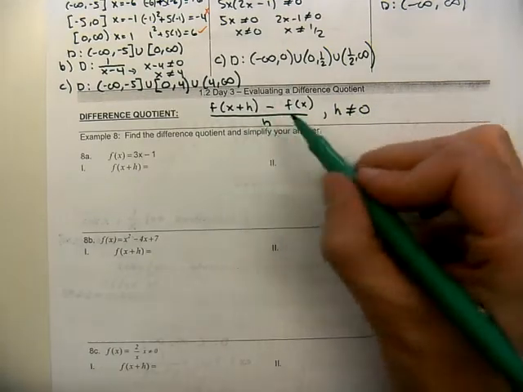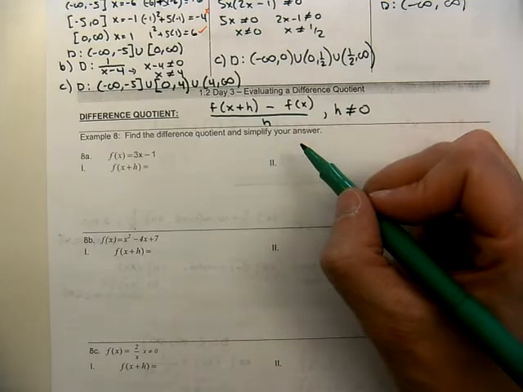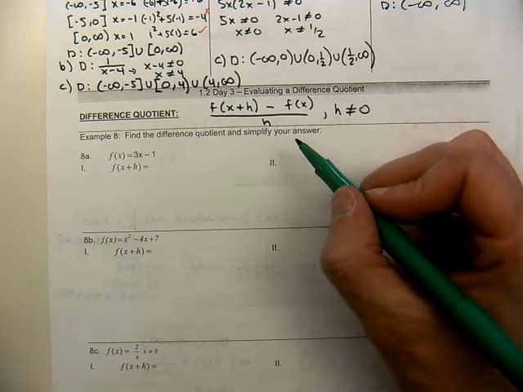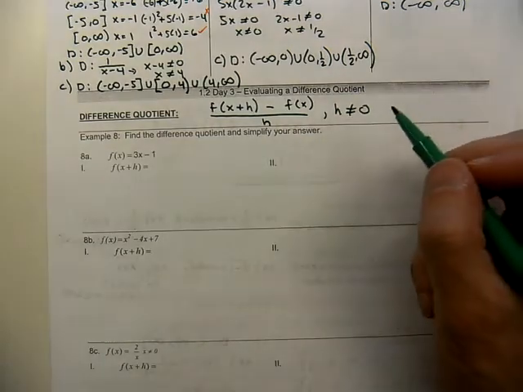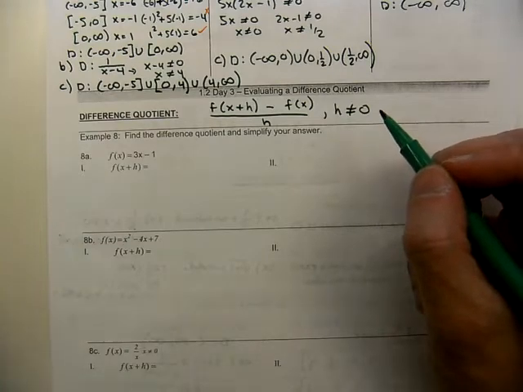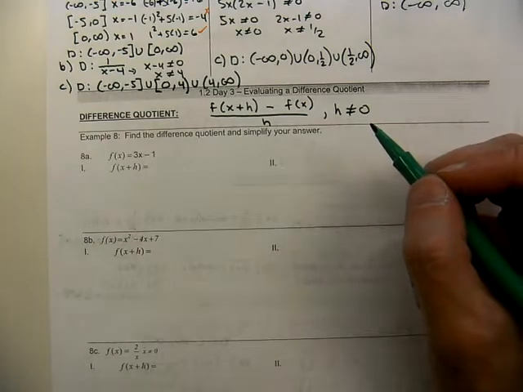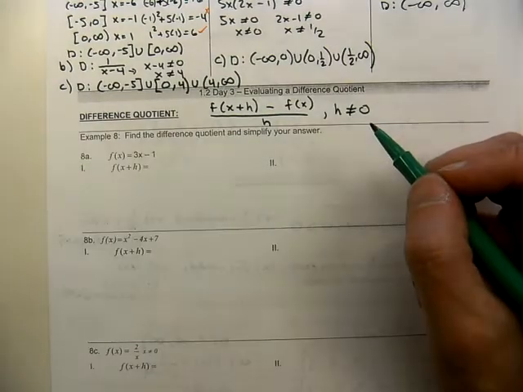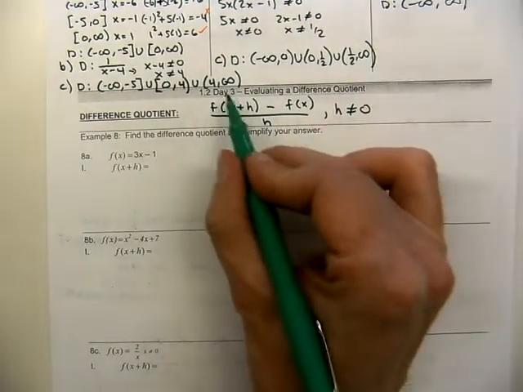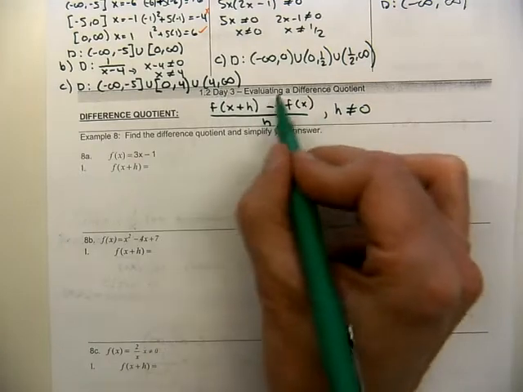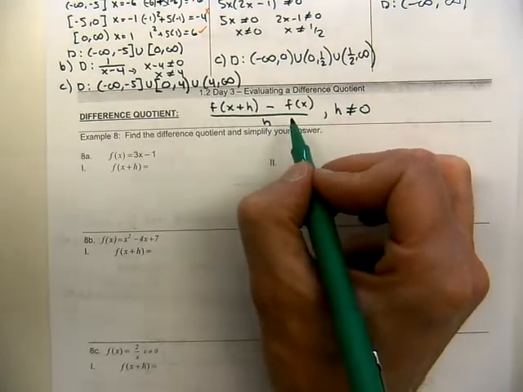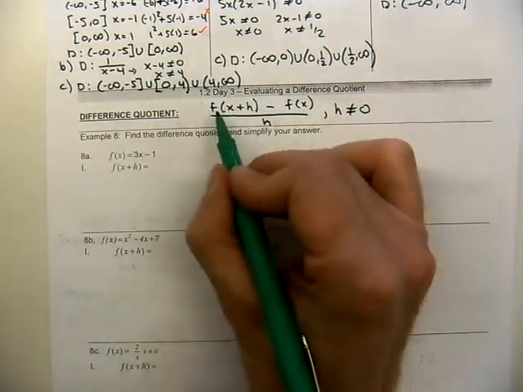Now where did this come from? It technically comes from the slope formula, which we're not going into great detail on now, but the slope formula is y sub 2 minus y sub 1 over the x's, x sub 2 minus x sub 1. So this is the top part, your y sub 2 minus y sub 1. Remember, y is your output, and so is this.